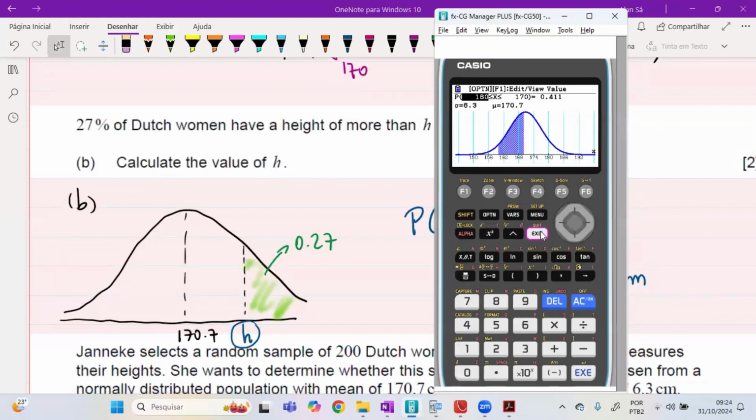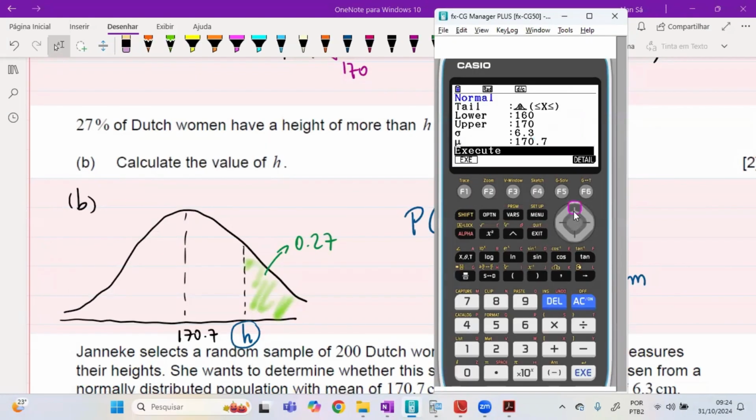We can come back here and change the tail to the tail greater than, and then since we don't know the value, we leave any value and just execute, and then we change this accordingly in the diagram. We come here and we write 0.27. And then this is going to give 174.56, that's the answer we're looking for.